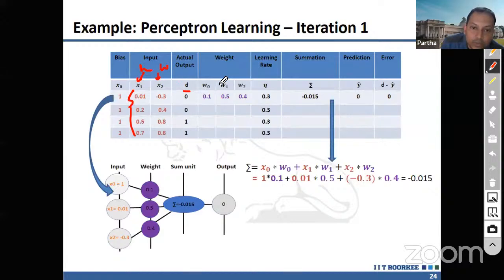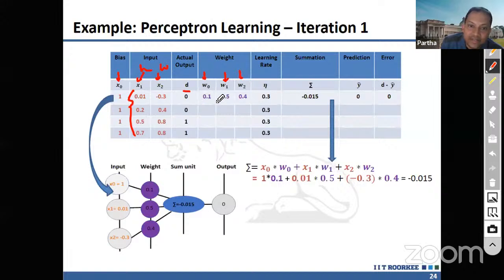We have weights W1 and W2. W1 will be multiplied with X1, W2 will be multiplied with X2, and we have W0, which will be multiplied with X0. That W0 X0 term acts as the bias. So we have these three weights, W0, W1, W2, and X0 will always be 1, because it is just multiplied with W0.